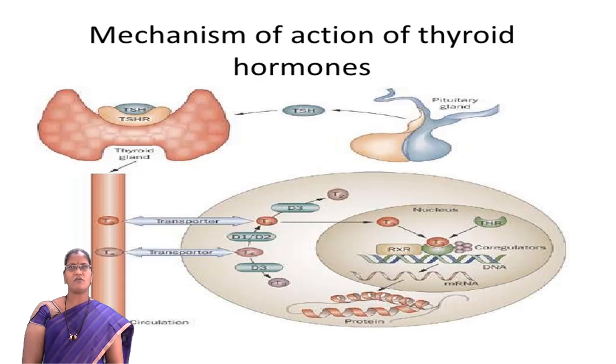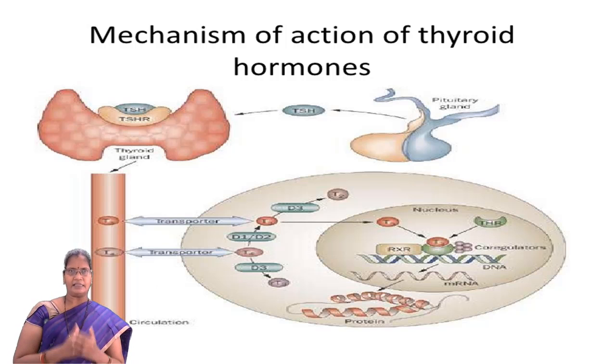Now we will see the mechanism of action of thyroid hormones. When a message reaches the hypothalamus, it will secrete TRH, that is thyroid releasing hormone. This hormone will act on the anterior pituitary gland, and this gland will secrete TSH. This TSH will act on the thyroid gland and it will secrete T3, T4 hormones.